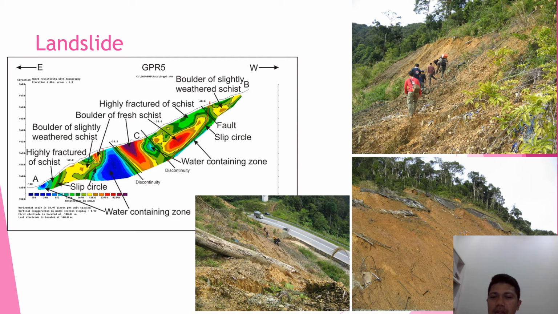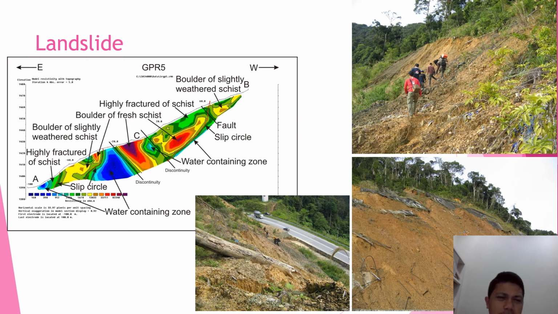This residual material from the landslide can flow on top of the tunnel. Before this we didn't have a tunnel here. After JKR developed the tunnel, all vehicles can pass through this site using the tunnel.